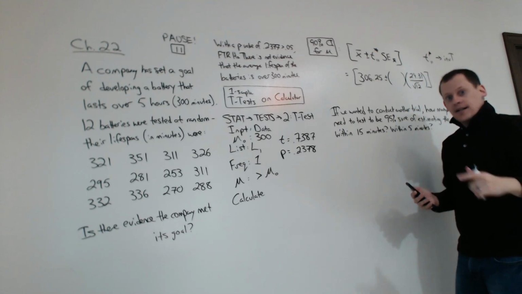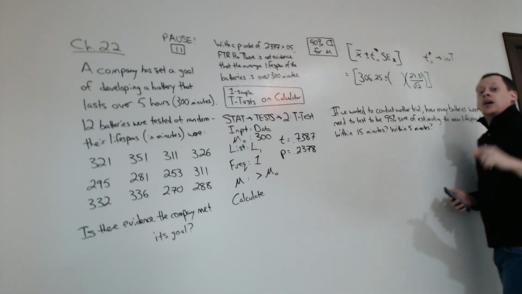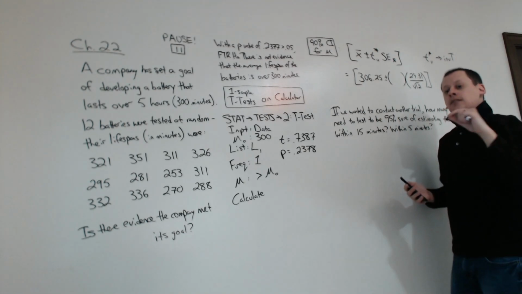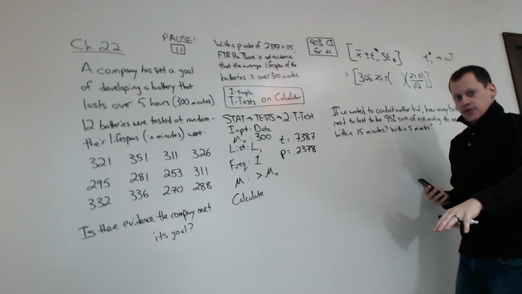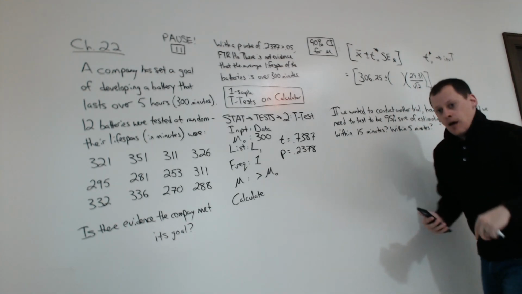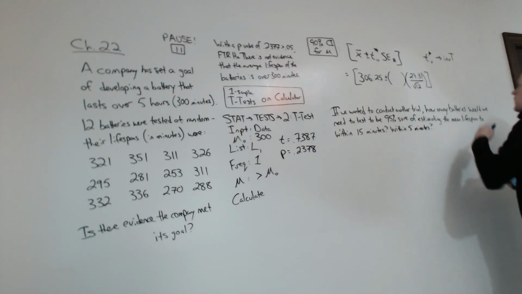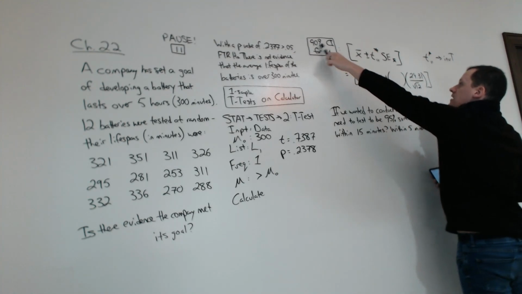So you may want, if you're one of those people that doesn't have this function in their calculator, go to the description right now, click that link, program that into your TI-84 or whatever it is you have. Pause the video while you do all that, and then when you're done, come back and you'll be able to figure this out. Okay, so we're going to use inverse t, and we want a 90% confidence interval.